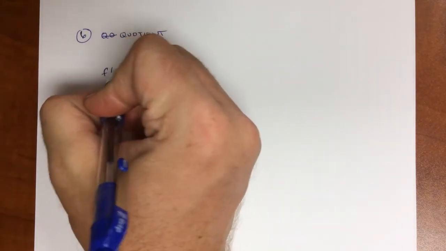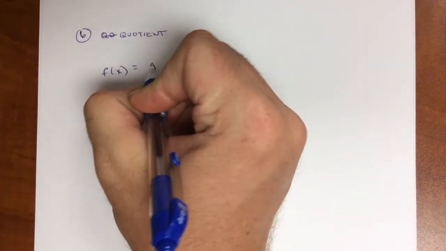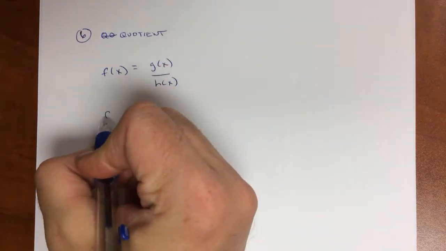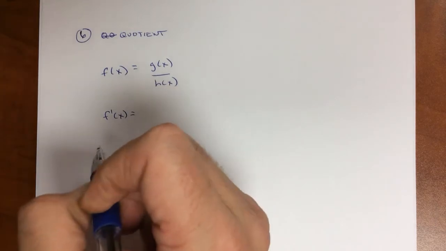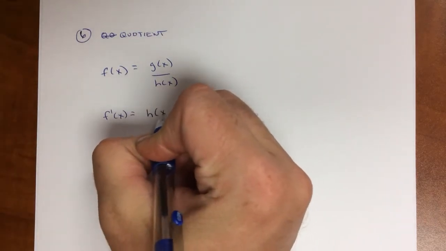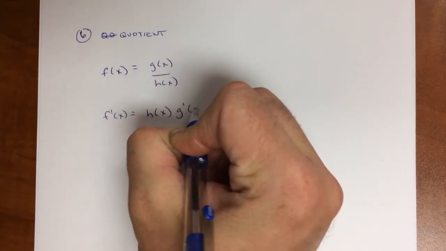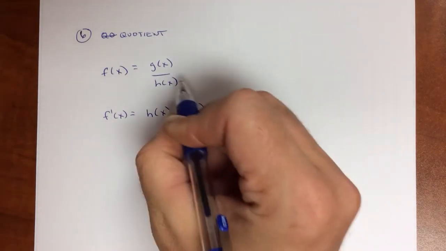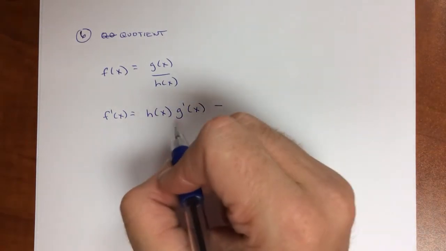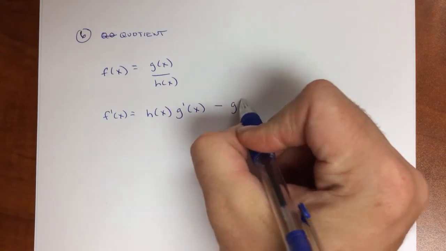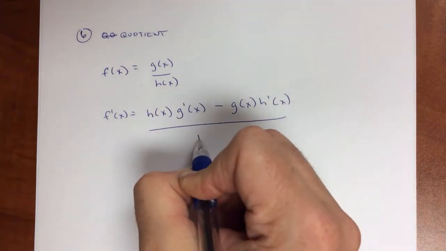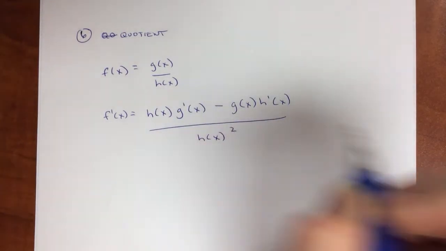So it tells us if f of x is equal to g of x over h of x, then f prime of x is equal to, are you ready for this? h of x, g prime of x, minus g of x, h prime of x, all over h of x squared.